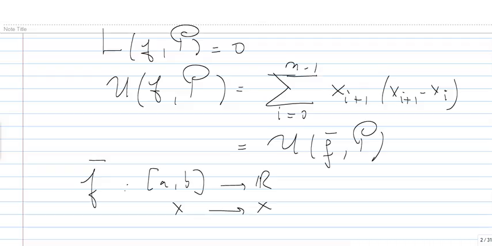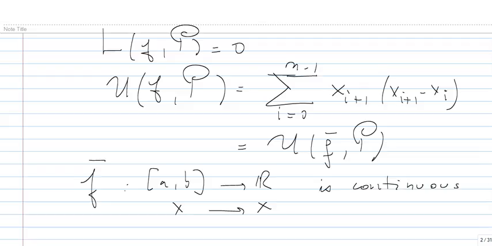So you see, the upper sum of f is exactly the same as the upper sum of f bar over P. Now, let's use the fact that f bar is continuous, and therefore the upper sum of f bar is exactly the integral of f bar. I mean, I'm talking about the upper integral, sorry.